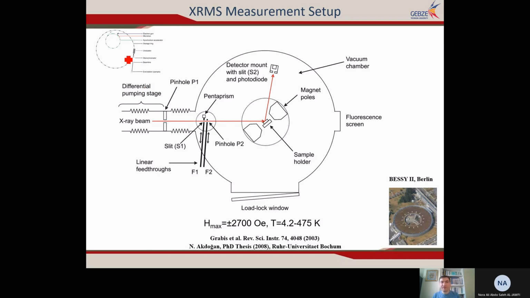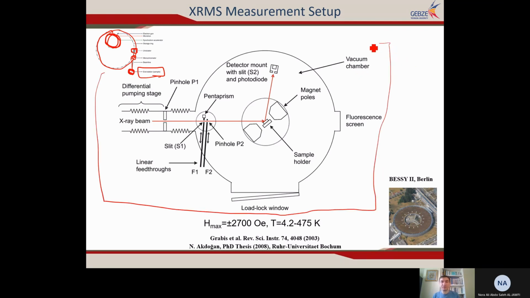Here we have the synchrotron light source in the left corner. This is the synchrotron accelerator booster, this is the storage ring, and here we have the undulator, monochromator, beamline and end station.